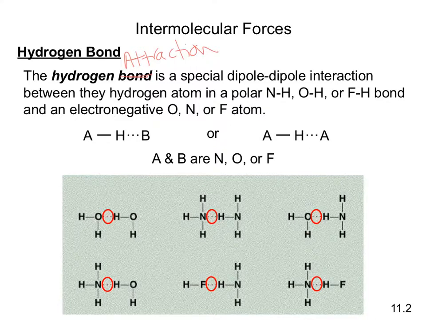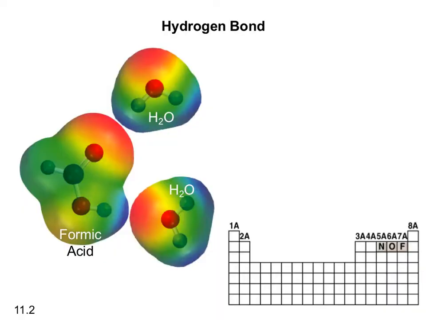So, here's a little picture. So here you have, of course, water. And this is something called formic acid, which is COH and then O and an H. So you can see right here, you do have a little bit of a hydrogen bond situation.